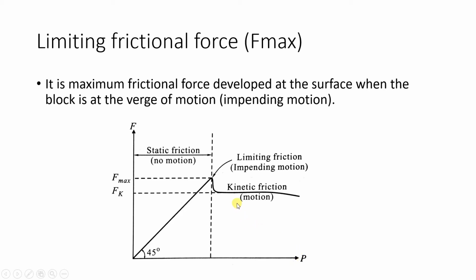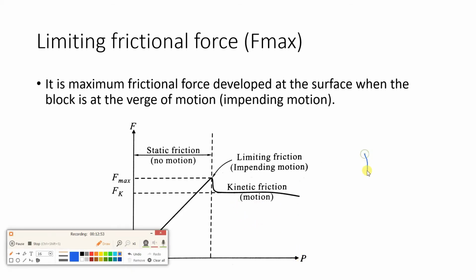Now I'll draw a diagram over here to give you an example. This is a block which is placed on a horizontal plane, and here we are applying some effort in this direction.